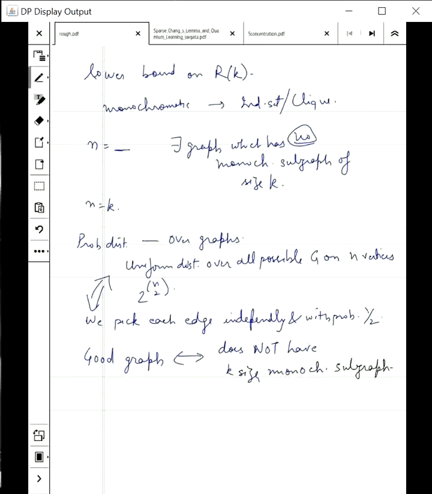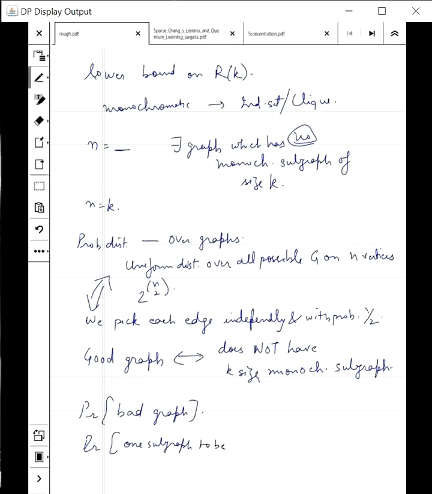So we have to find the probability of having a good graph. Instead, we will find the probability of a bad graph. First, find the probability of one subgraph being monochromatic.